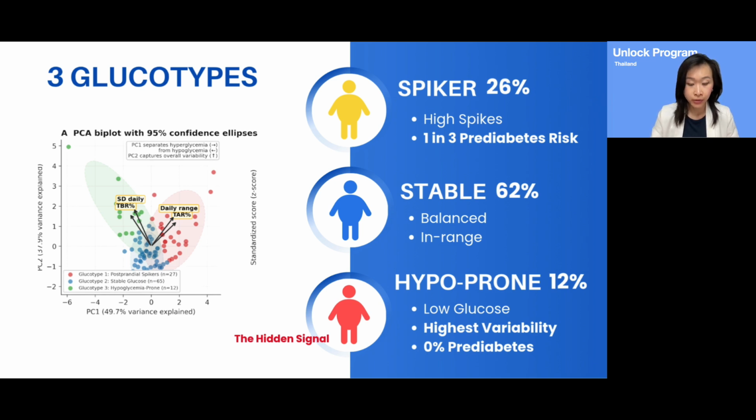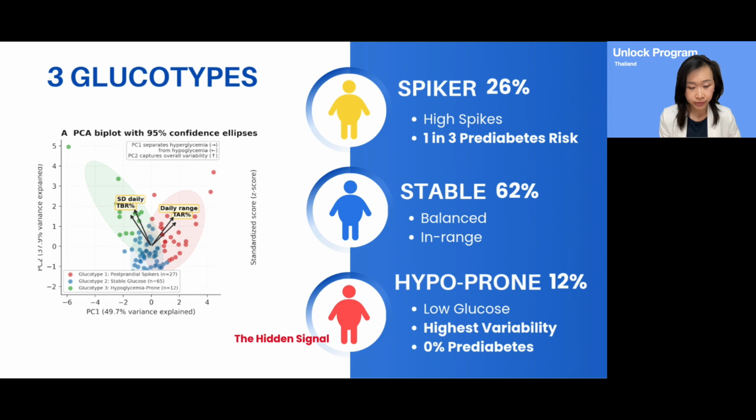The third group was the most unexpected finding of our study. We identified a hypoglycemia-prone phenotype, comprising 12% of participants. This group showed markedly elevated time below range and the highest day-to-day glucose variability. 92% of participants in this group had highly unstable glucose patterns.